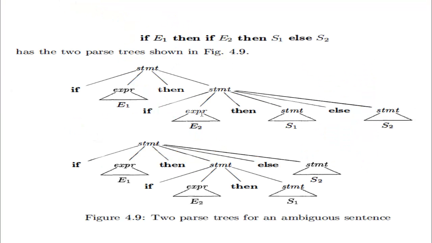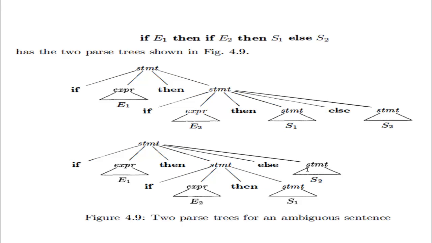This is a diagram from the Dragon book. This gives a little more expressive way of showing things. So we say that if we have this problem, the below parse tree is actually eliminated, where the else is part of the upper if, and here else is the part of the lower, inner if, right? So we are disallowing this thing. How?